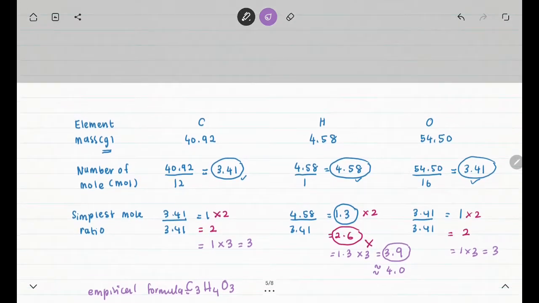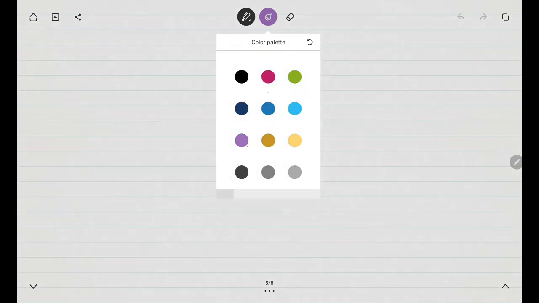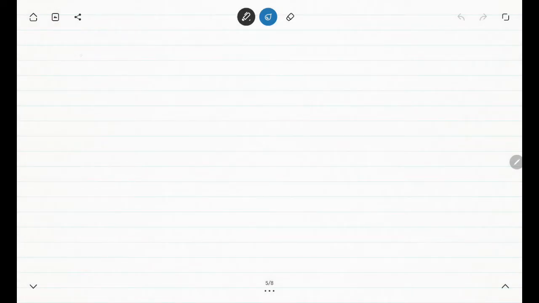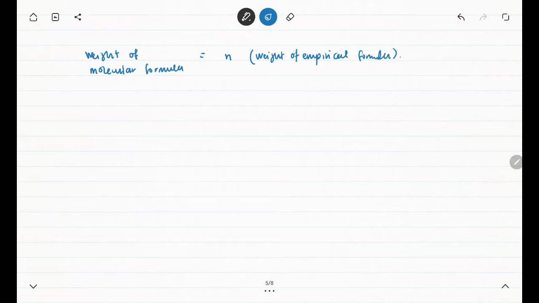So to calculate the molecular formula, we know that the weight of molecular formula is equal to n times the weight of empirical formula. The weight of molecular formula has been given in the question, 176, equals n times the weight of empirical formula.